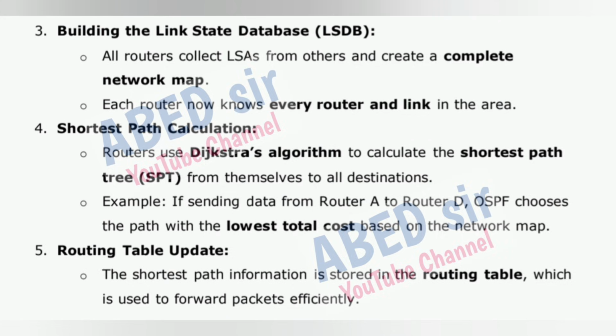Example: If sending data from router A to router D, OSPF chooses the path with the lowest total cost based on the network map. 5. Routing table update. The shortest path information is stored in the routing table, which is used to forward packets efficiently.